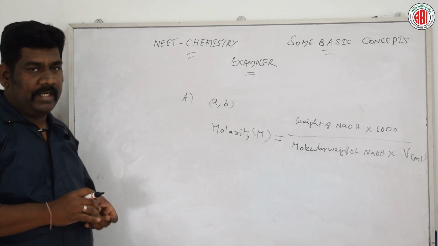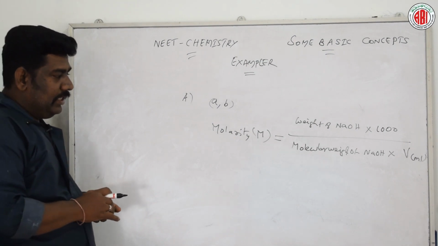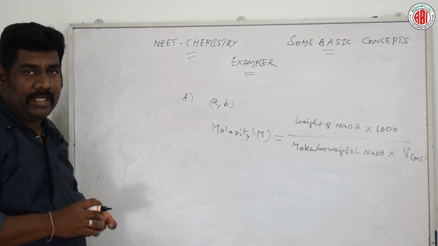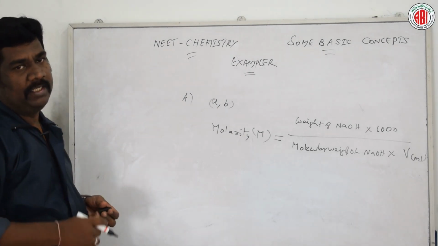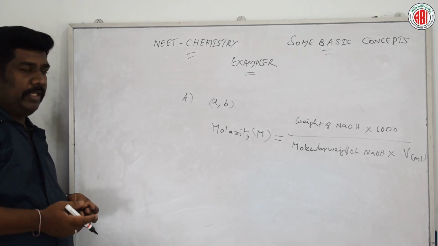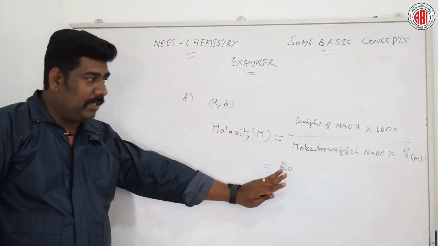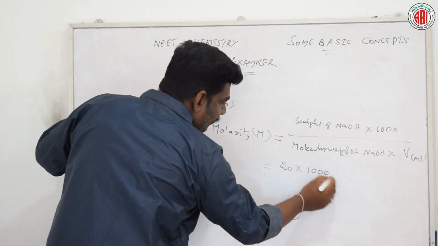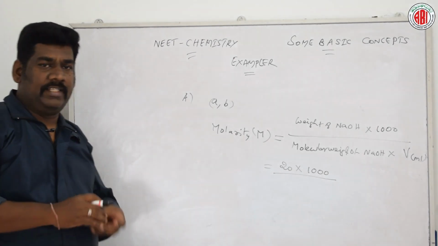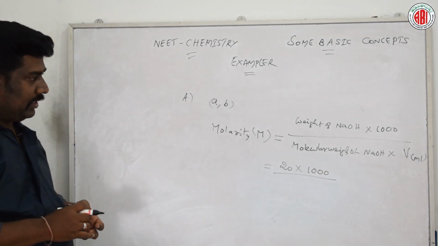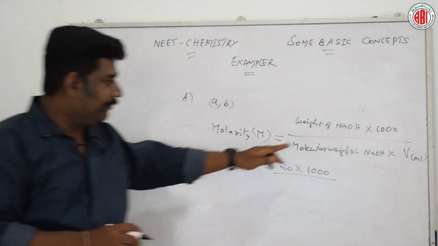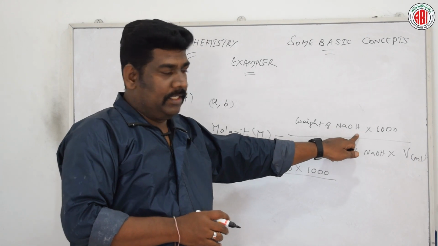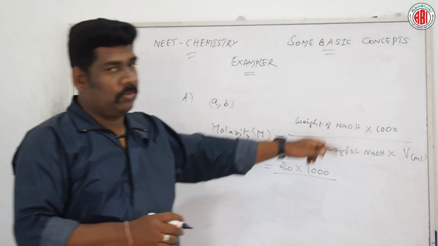So weight of sodium hydroxide. Let us see. In option A, 20 gram of sodium hydroxide is present in 200 ml of solution, given in the question. So 20 gram is the weight of the sodium hydroxide into 1000 divided by molecular weight of NaOH. In this compound 3 elements are there, sodium, oxygen and hydrogen. Hydrogen 1, oxygen 16 and sodium 23.